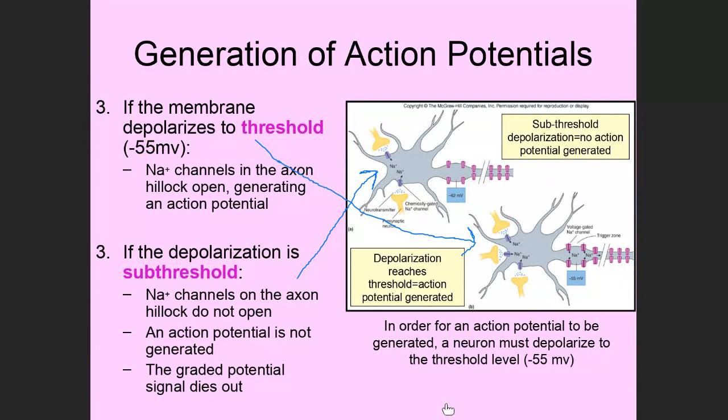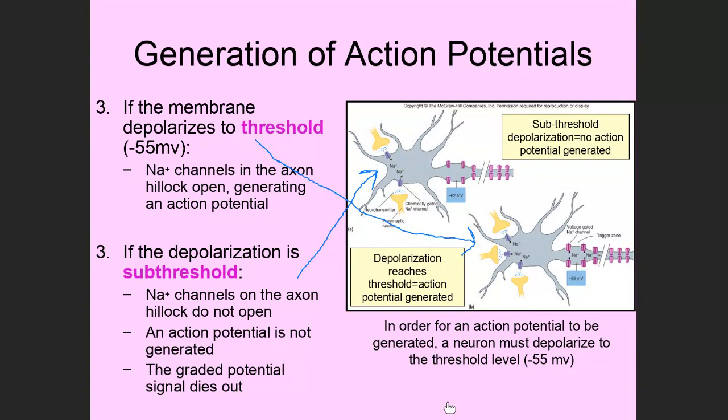If a change happens in a neuron's environment, isn't it always important enough to be communicated to the rest of the body? And the reality is, no, it's not. And having these subthreshold level depolarizations is really adaptive to our health and well-being, because it prevents us from being alerted in our bodies to every single thing that's going on.